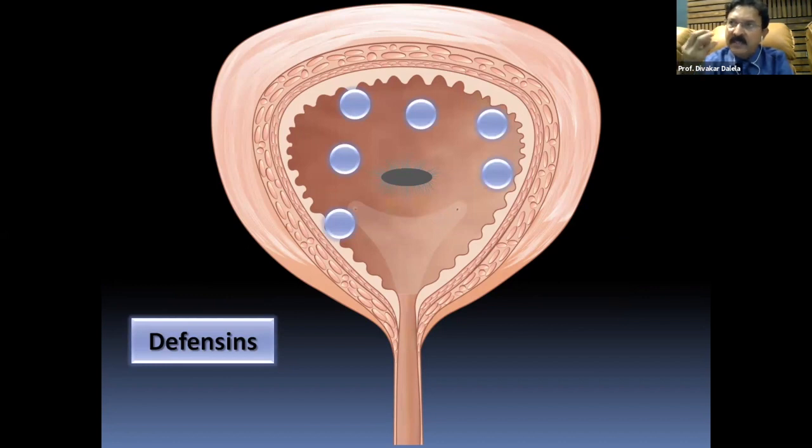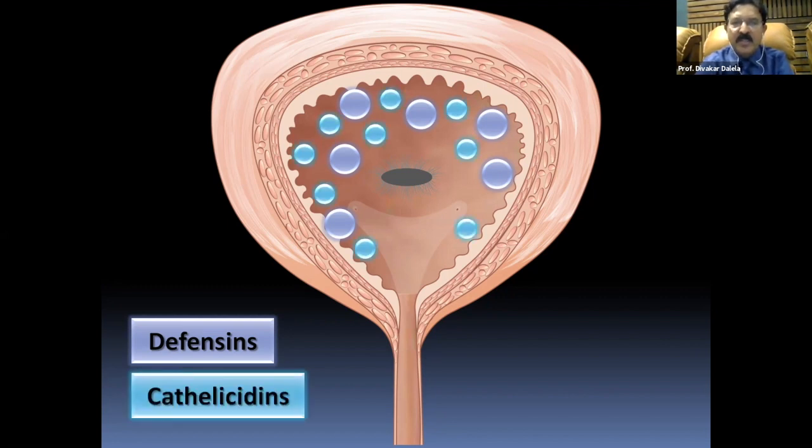Much like the way you get respiratory infection in your nose. As virus enters your nose, the nose secretes mucus and protects, glues with the bacteria or virus and throws out the infection. Nearly in a similar fashion, but at a much lesser scale, the lining of the urinary bladder secretes the protein called defensins. Look at these dots, gray dots. And not only this, look at the blue dots. And these are cathelicidins.